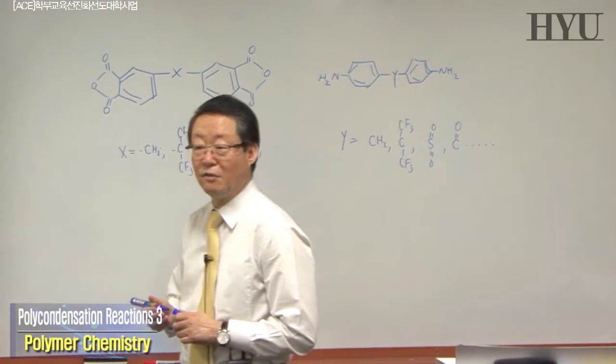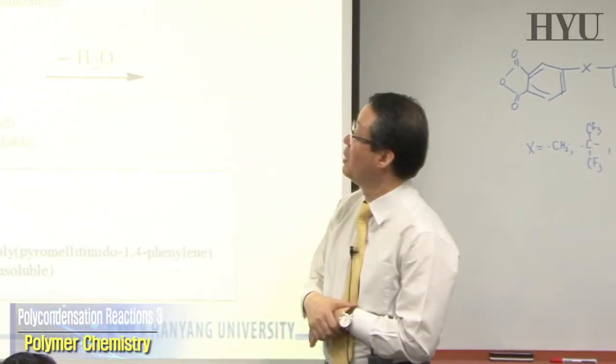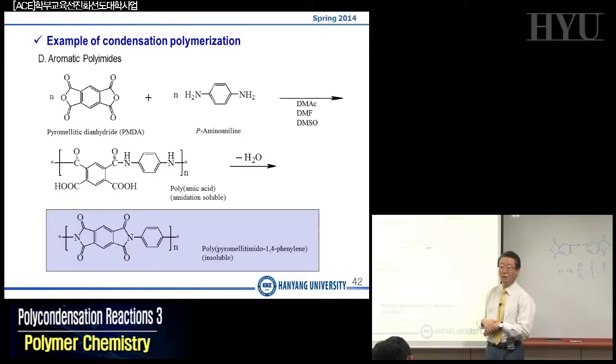You have very different kinds of dianhydrides and diamines. And by using different combinations of X and Y, you can make different structures of the polyimides.